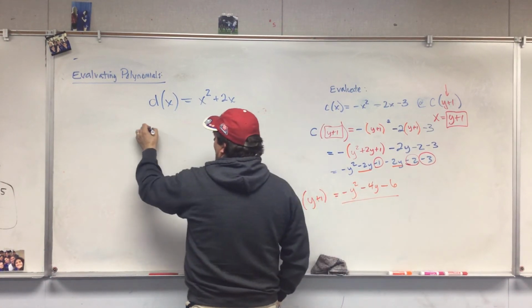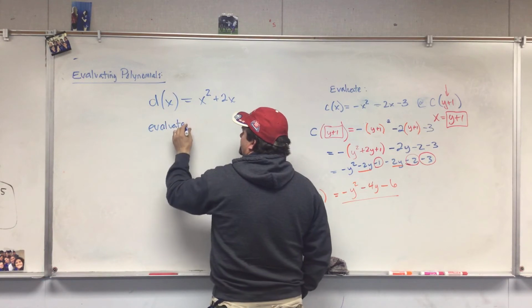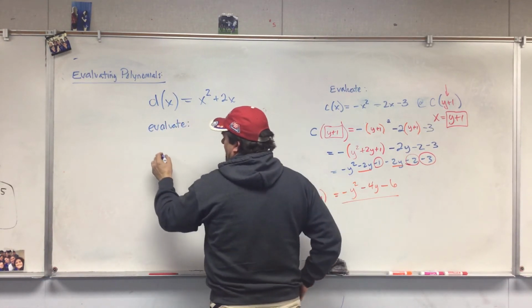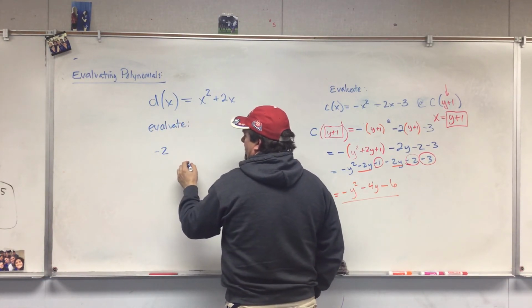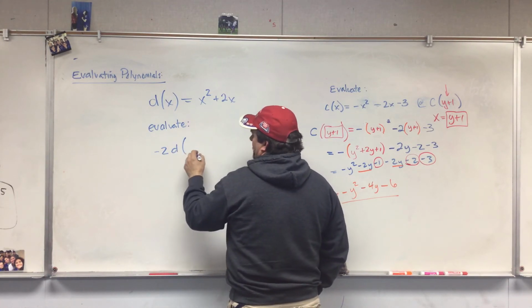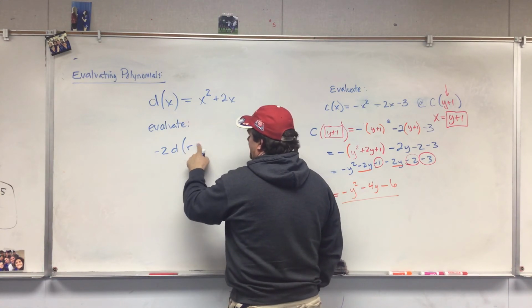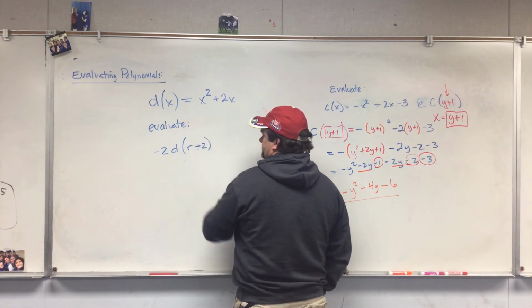And I want to evaluate, this is where it'll get a little crazy, negative 2d of r minus 2.